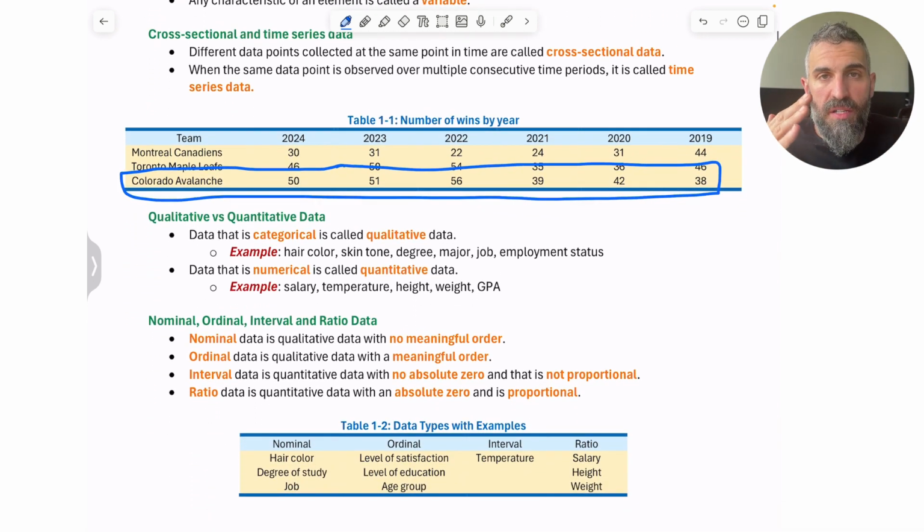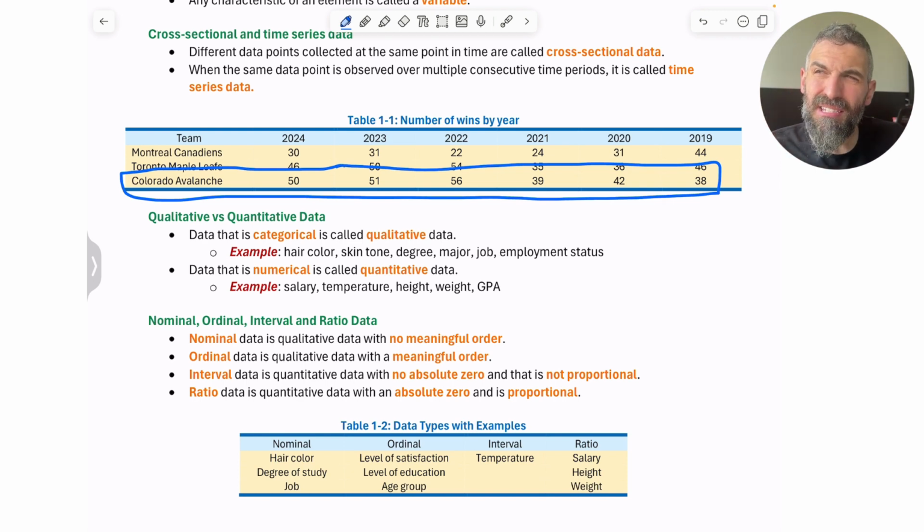Now, moving on to another set of classifications. Data can either be qualitative or quantitative. Qualitative data is anything that is not a number, that is a word or a group of words or a category, right? So something categorical like the color of your hair, the school you go to, how satisfied you are with the service at the dentist's office.